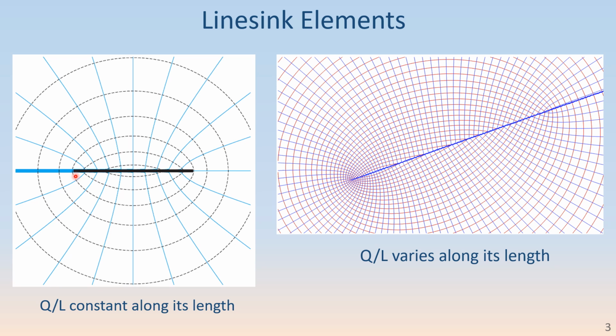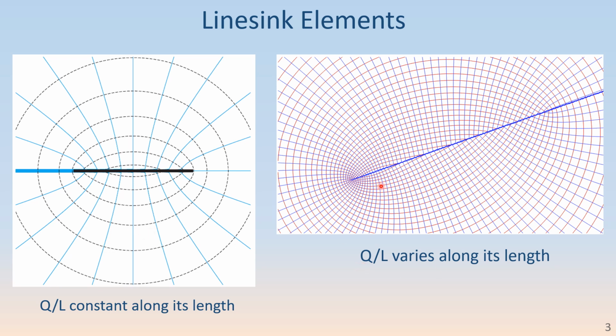And the solution here, and for the one on the right, line sink solutions in general, are solutions of the Laplace equation. So the stream function and the potential contours form flow nets, which you can see obviously here in both pictures. We've got nice looking flow nets.